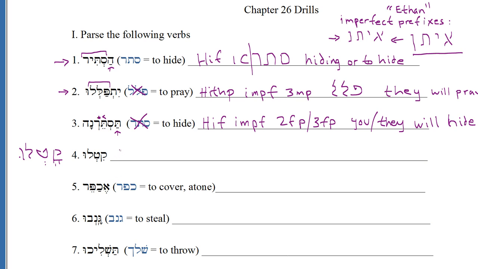And so we have a cal imperative, masculine plural. It's implied to be second. You could put second if you want, but you don't have to. Cal imperative, masculine plural of katal, and the meaning here then is the command to kill.